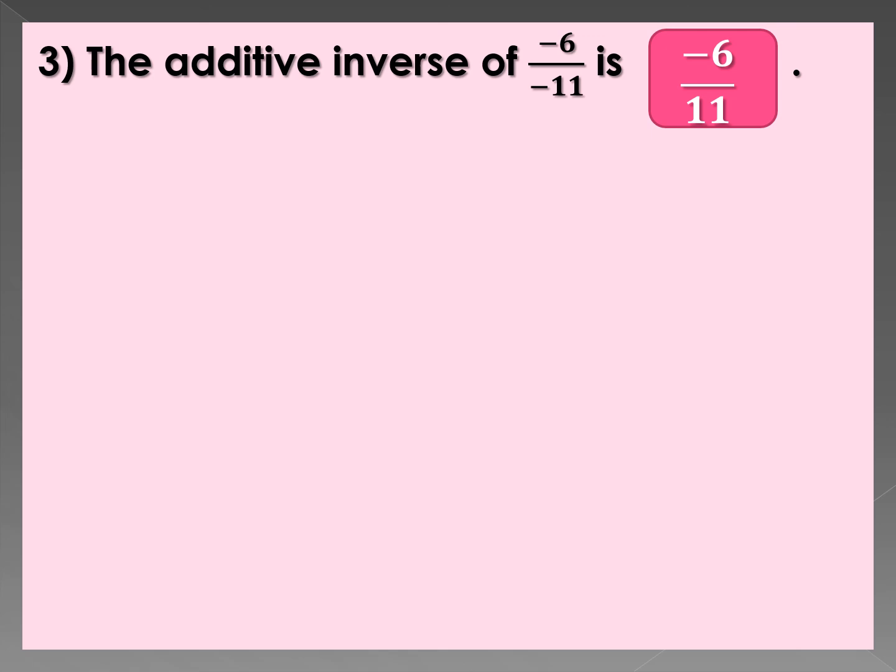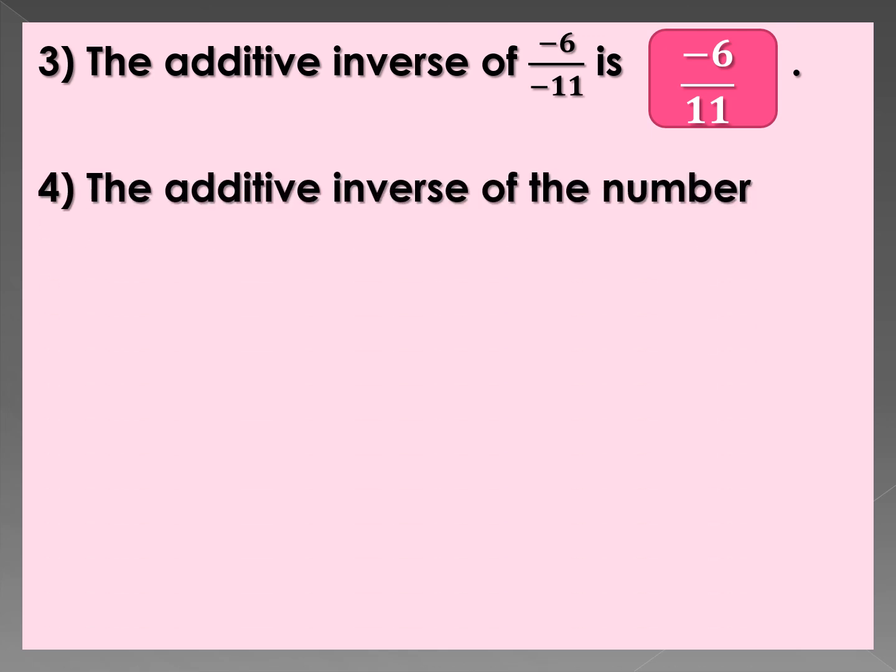The additive inverse of the number 2 over 3, all to the power 0: any number to the power 0 equals 1, so the additive inverse of 1 will be negative 1.